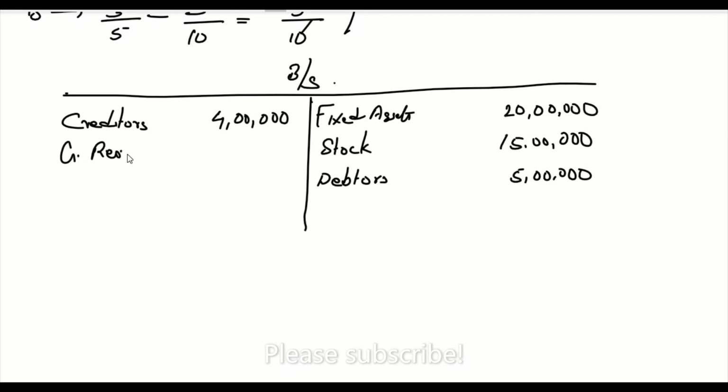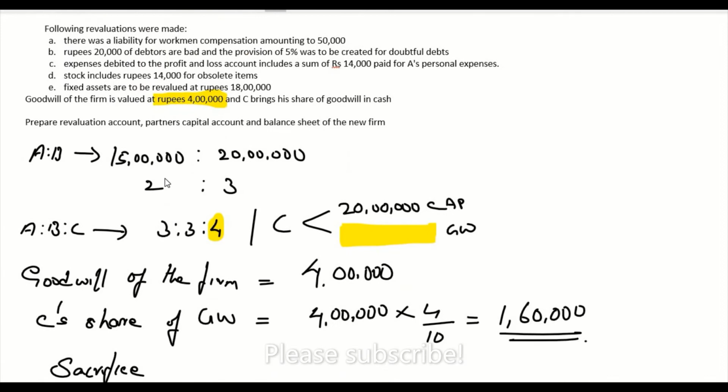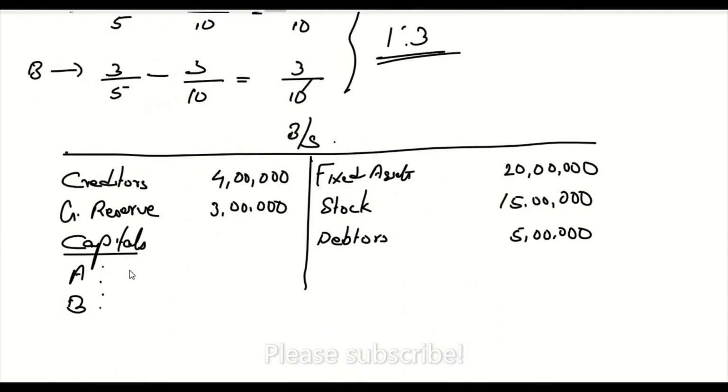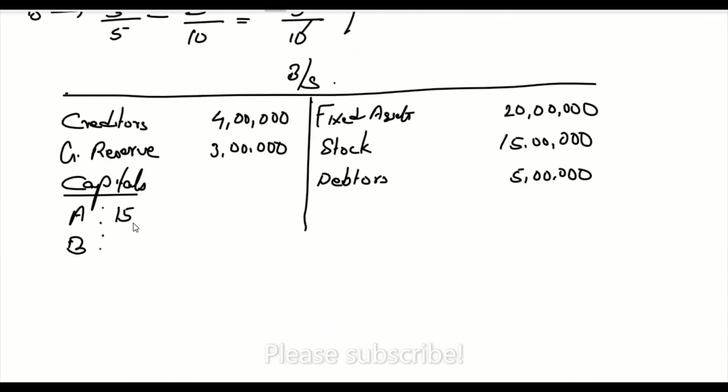General reserve 3 lakhs, and we also have the capitals mentioned in the questions. Capitals A, B. It is 15 lakhs and 20 lakhs. So that will come to 35 lakhs.